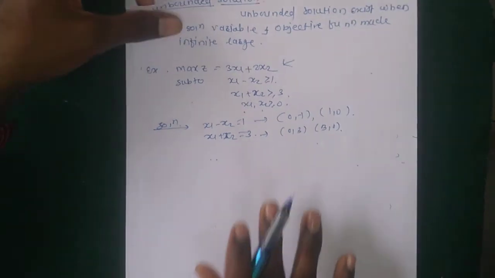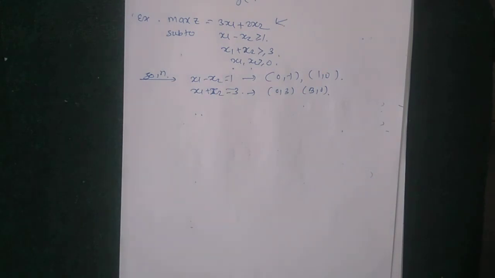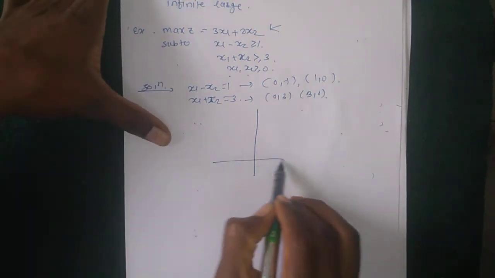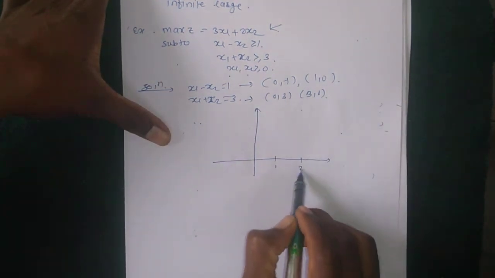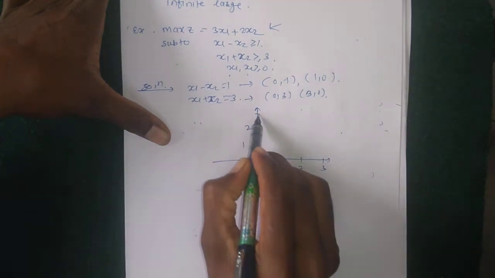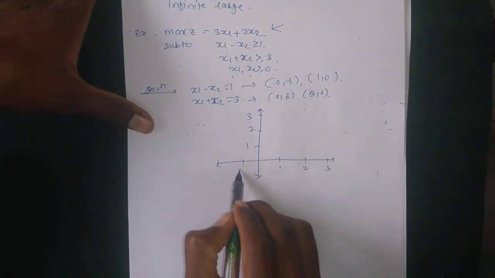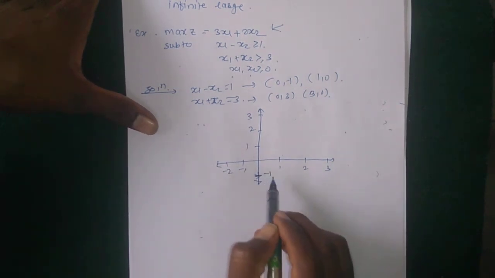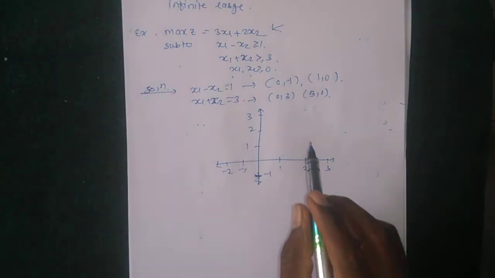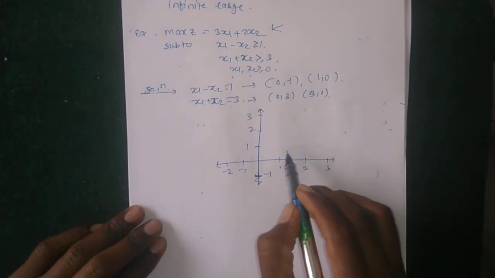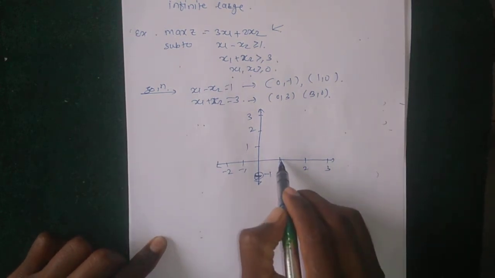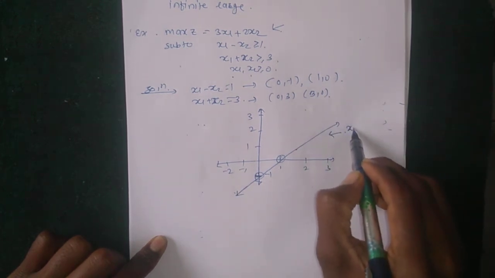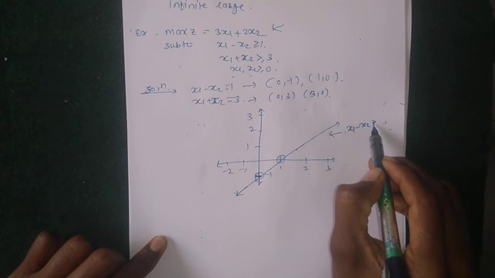Suppose this is the graph, with 1, 2, 3 on the axes, and here minus 1 and minus 2. So the points of the first line are 0, minus 1 and 1, 0. Joining these 2 points, this is the line x1 minus x2 is equal to 1.